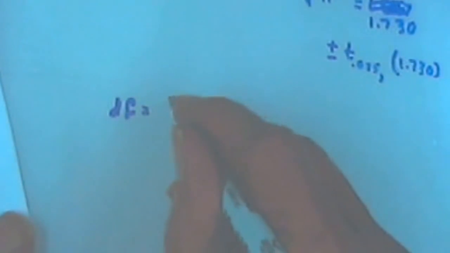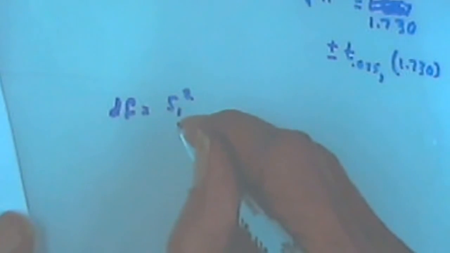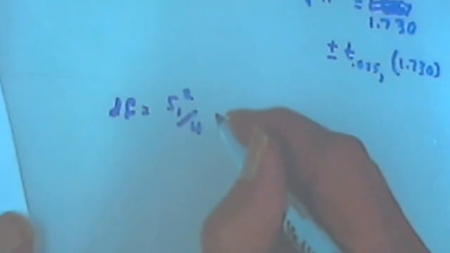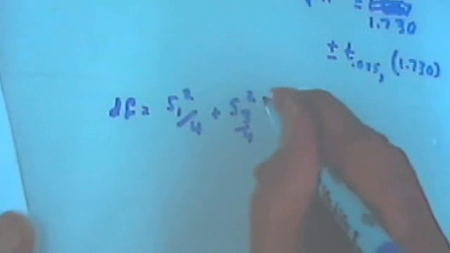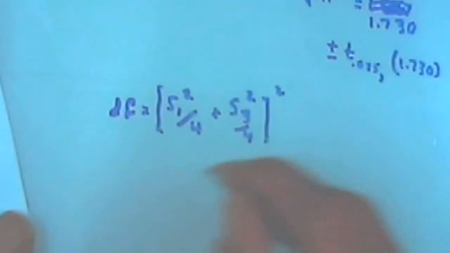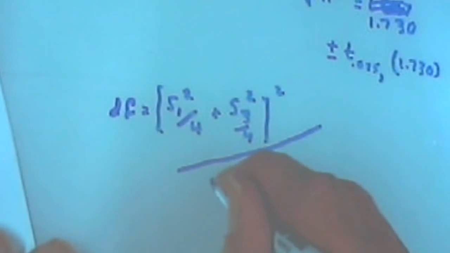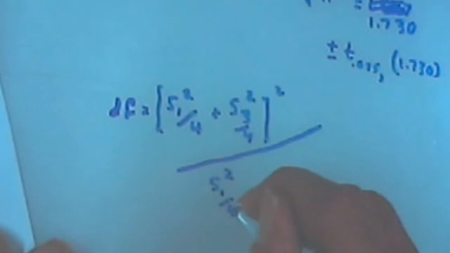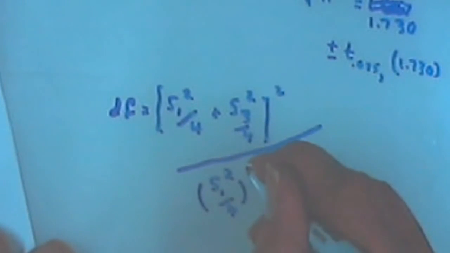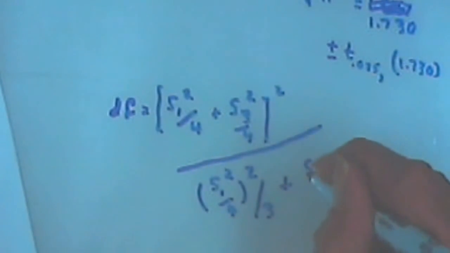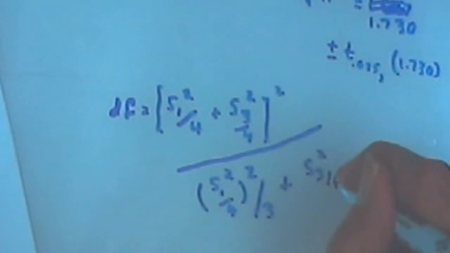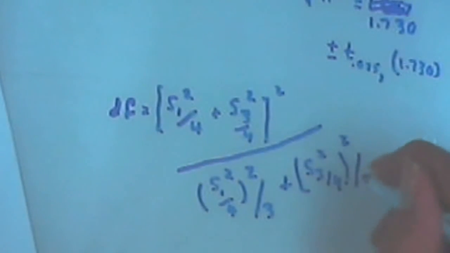So we're supposed to use degrees of freedom equal to S1 squared over 4, plus S3 squared over 4, and that's all to be squared, divided by S1 squared over 4 squared divided by 3, plus S3 squared over 4 squared and divided by 3.